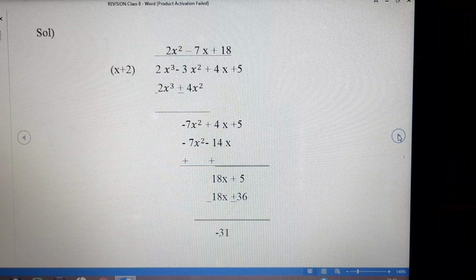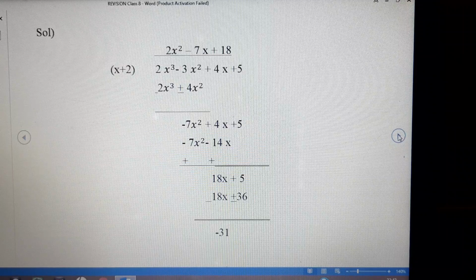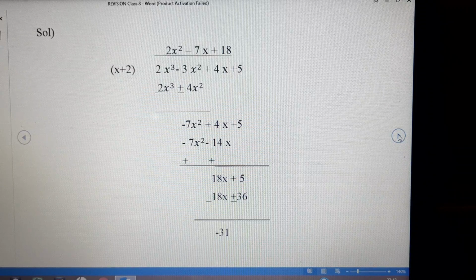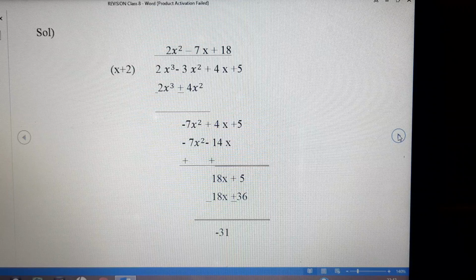So what we have to do, if we are multiplying by 2x square, then the entire expression should be multiplied. We cannot multiply just one term and leave the other term. So if we are reading the table 2x square times, then 2x square into the entire divisor, x plus 2. So it becomes 2x cube plus 4x square.